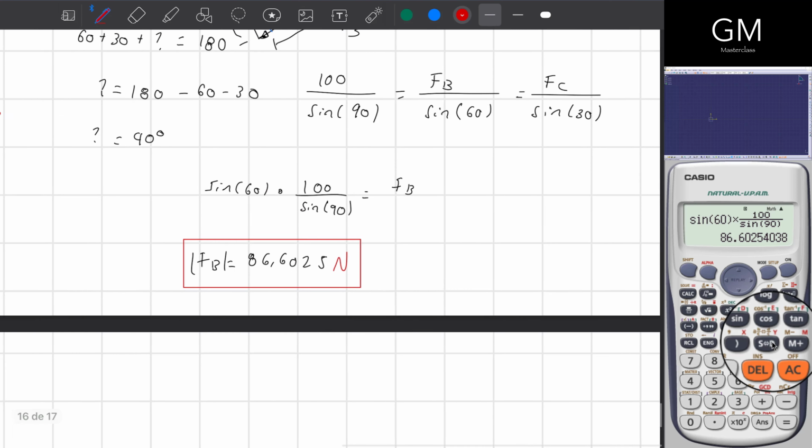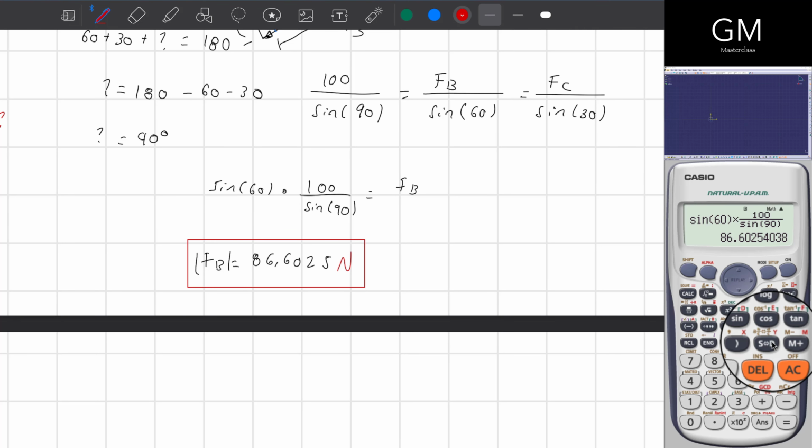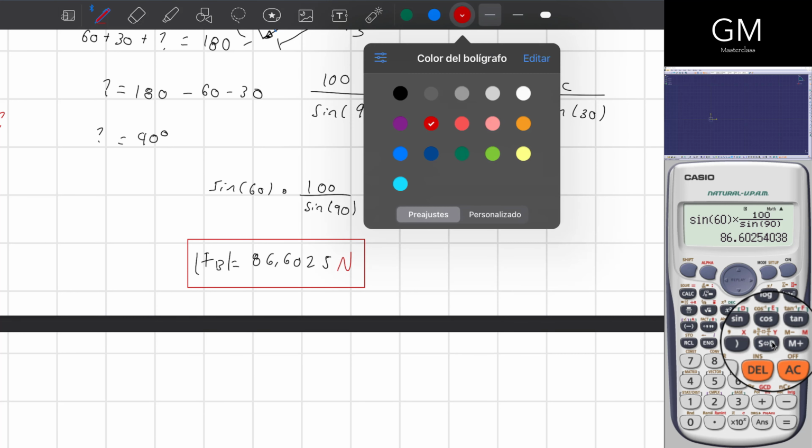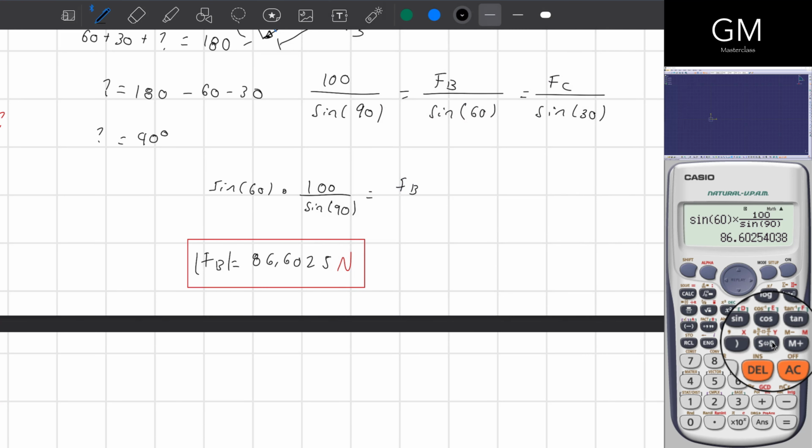And now I'm going to use the same equation to find the FC value. So in this case, I'm going to take this equation once again, by the sine of 30. Thank you for your patience. And then I'm going to do the same thing right here.